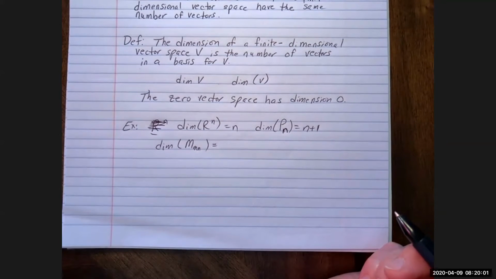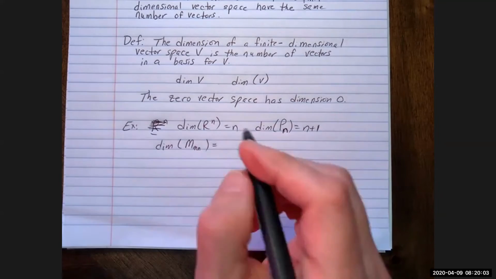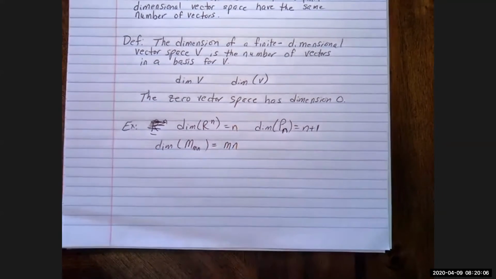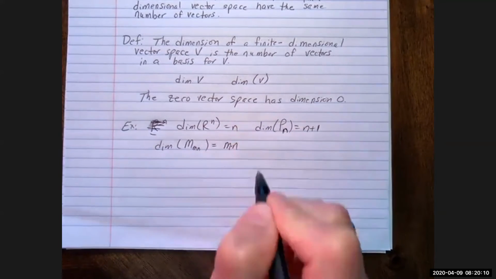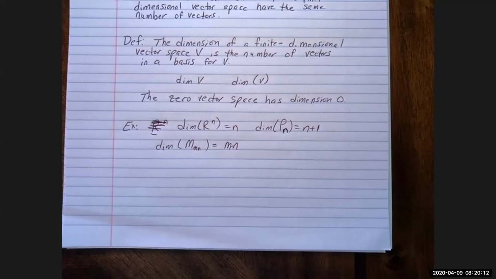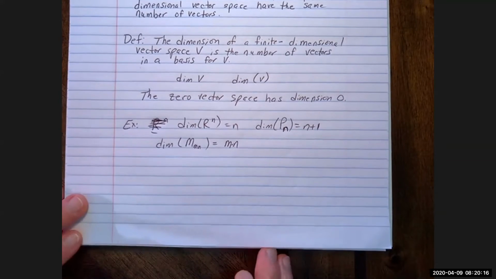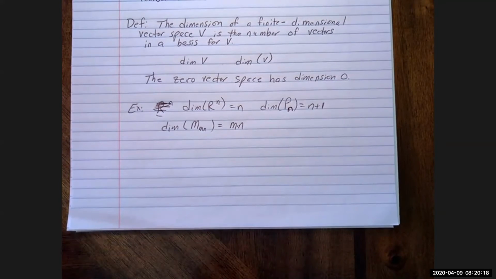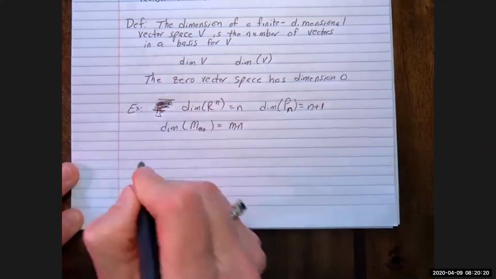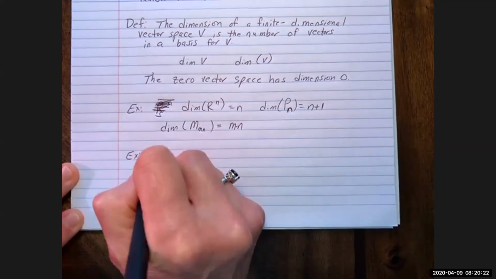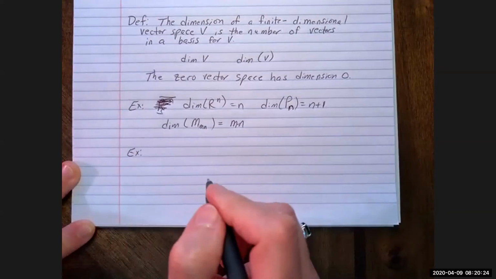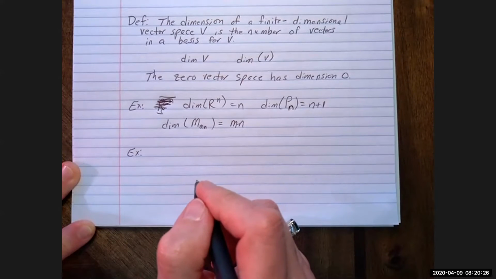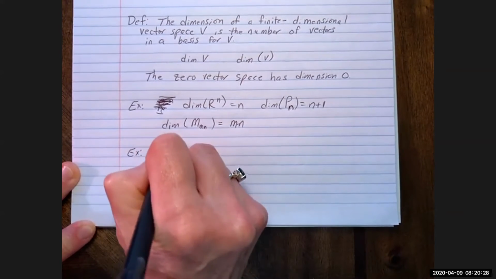A 1 would have to rotate through every row and column, so it will be m times n. Okay, another example.